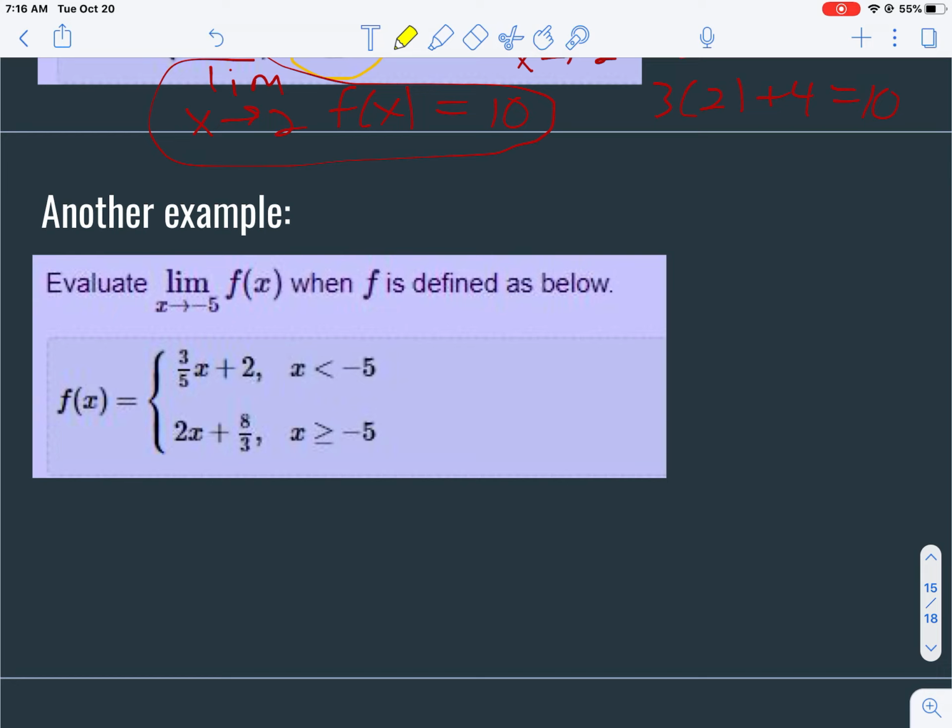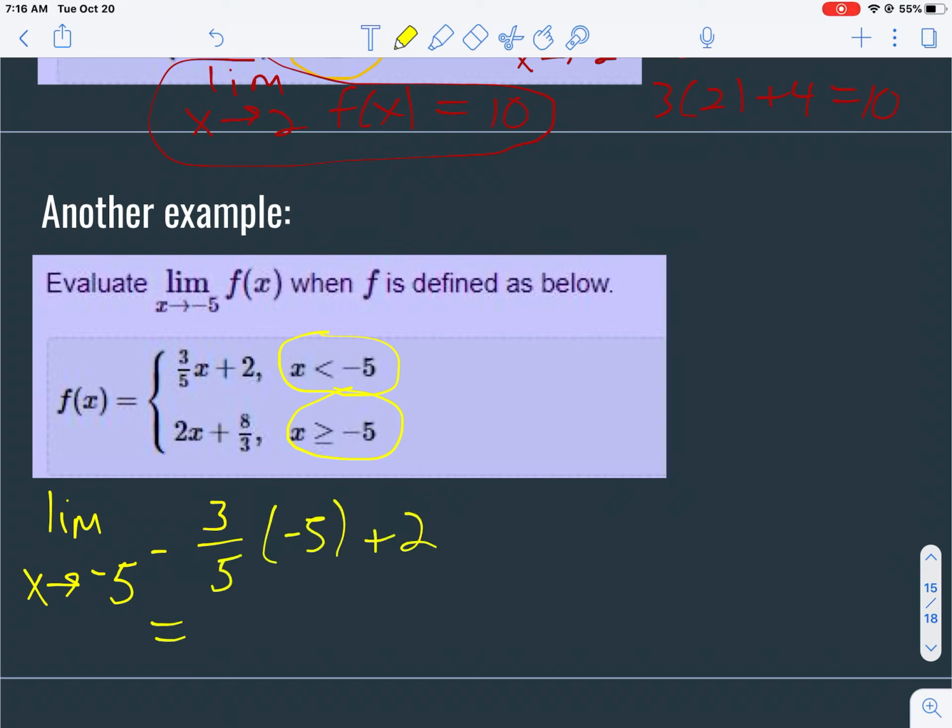So again, the limit as x approaches negative 5 of f of x. So again, the function changes at negative 5, okay? So again, that means we're going to have the limit as x approaches negative 5 from the left, 3/5 times negative 5 plus 2 equals negative 1.